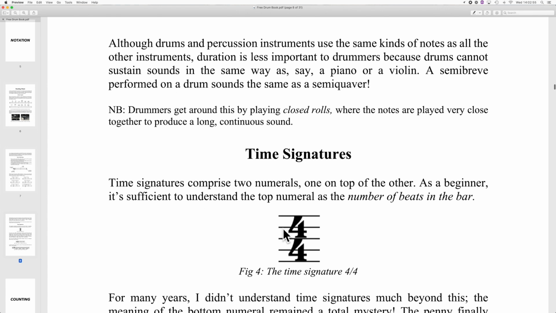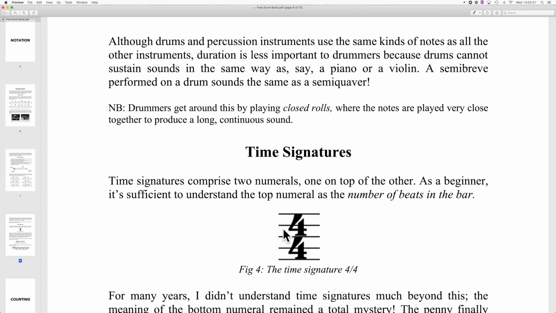I shall just read this bit. Although drums and percussion instruments use the same kinds of notes as all the other instruments, duration is less important to drummers because drums cannot sustain sounds in the same way as, say, a piano or a violin. A semibreve performed on a drum sounds the same as a semiquaver, which is the point I was trying to make earlier with the trumpet impressions.